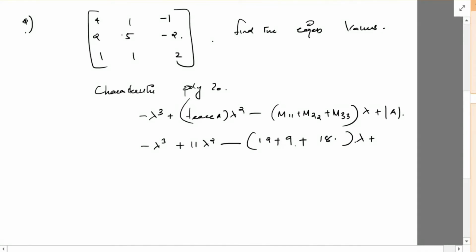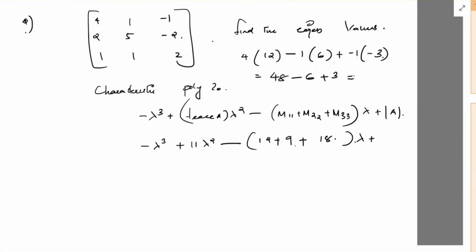So find out the determinant, which will be 4 into 12 minus 1 into 6 plus minus 1 into 2 minus 5, which is minus 3. So 48 minus 6 plus 3, that is equal to 45.